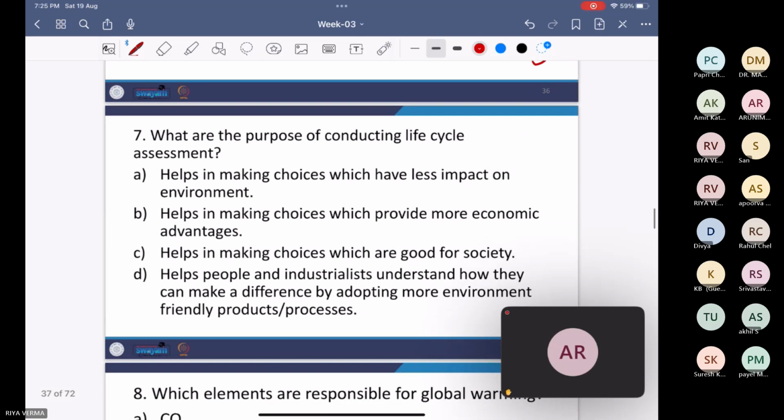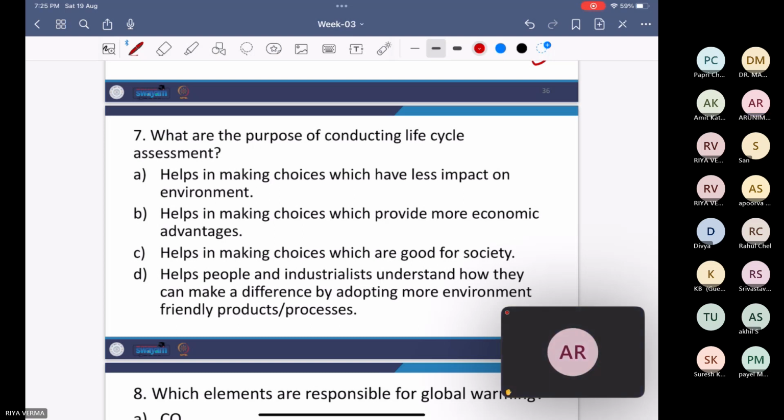Next, what are the purpose of conducting life cycle assessment? It helps in making choices which have less impact on environment. It helps in making choices which provide more economic advantages. It helps in making choices which are good for society.